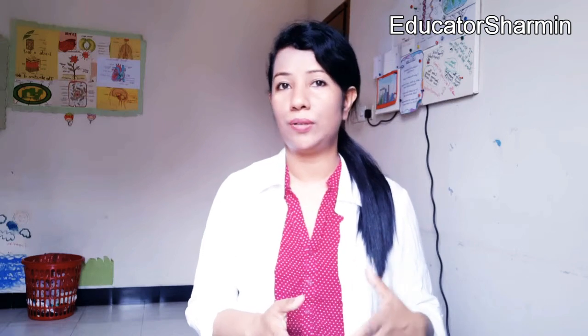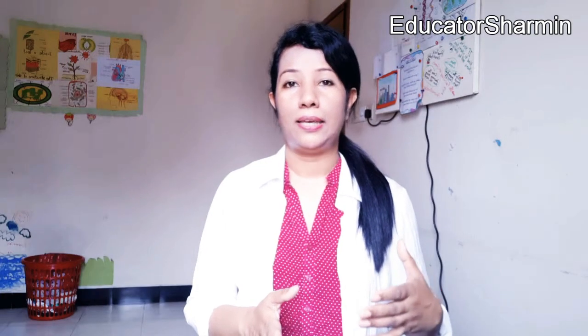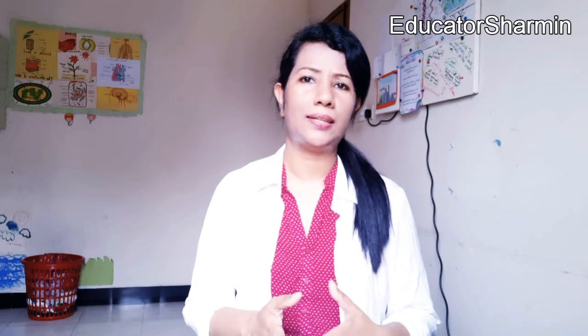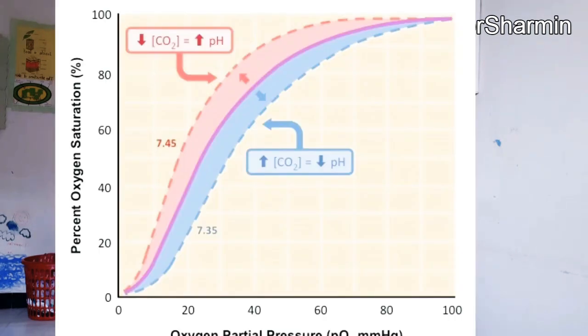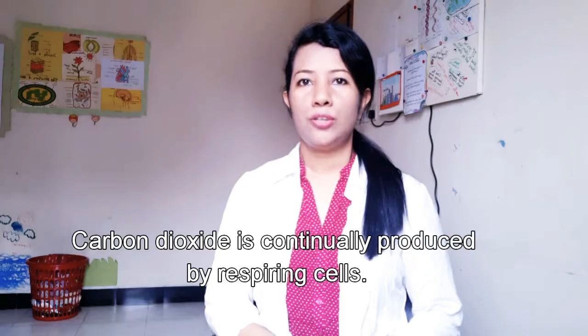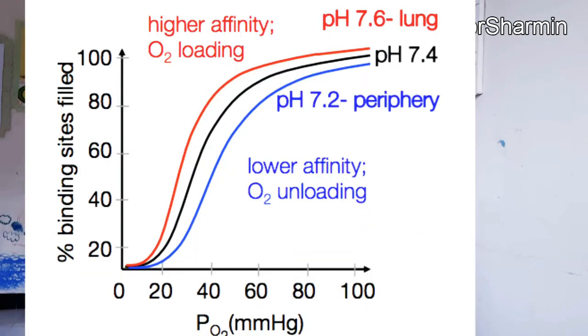By removing the hydrogen ions from solution, hemoglobin helps to maintain the pH of blood close to neutral, and that is acting as a buffer.